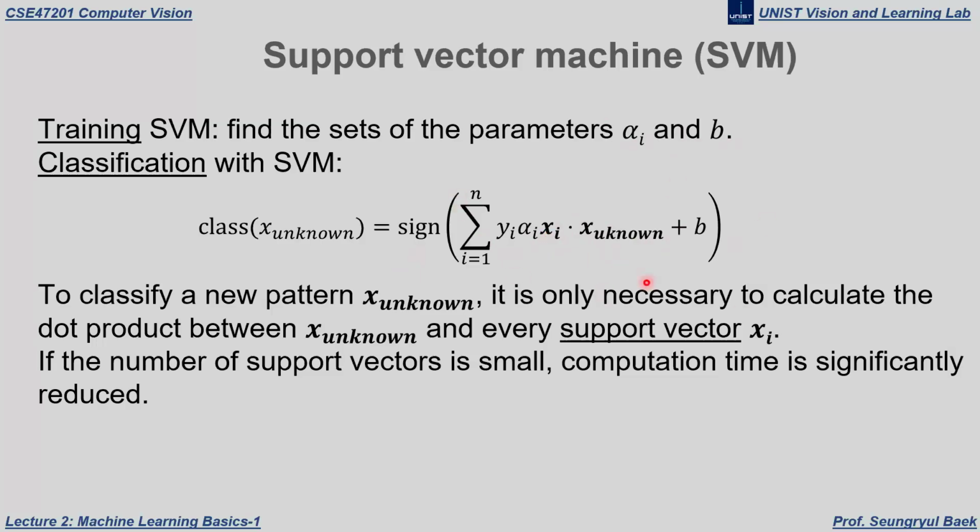If this output is positive, you classify it into the +1 class. And if this value is negative, you classify that unknown sample as the -1 class. So this is the SVM classifier.